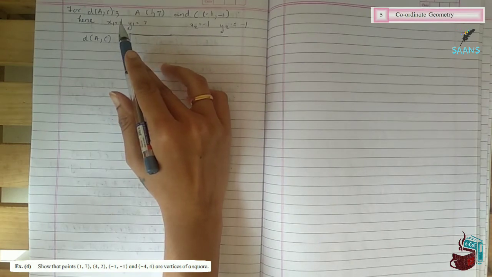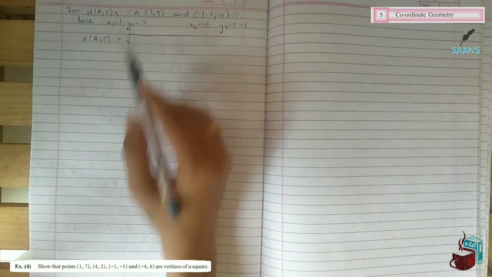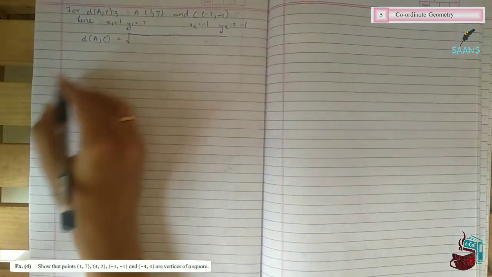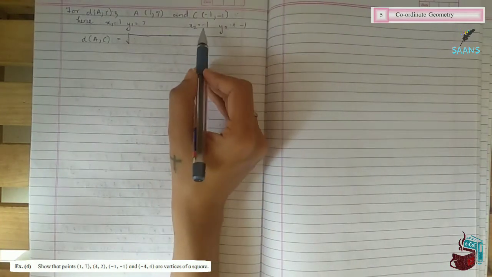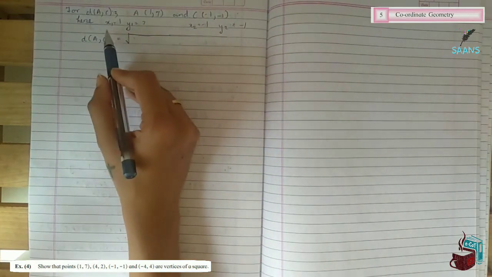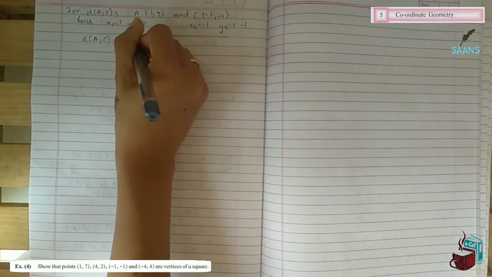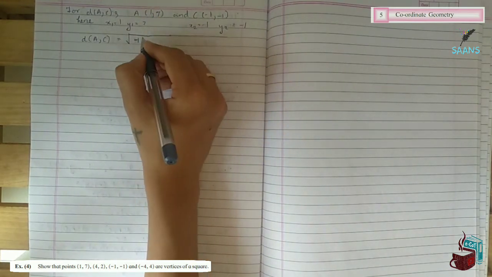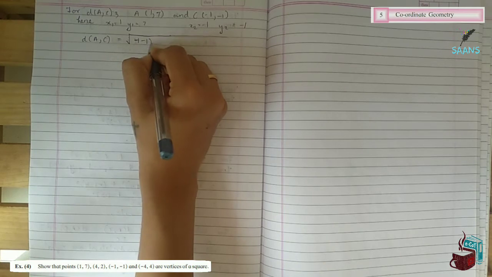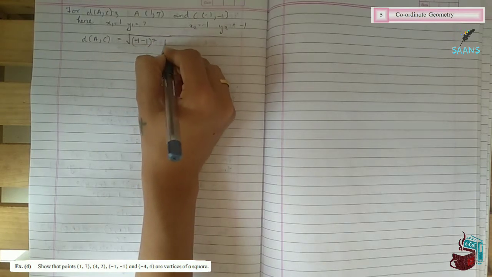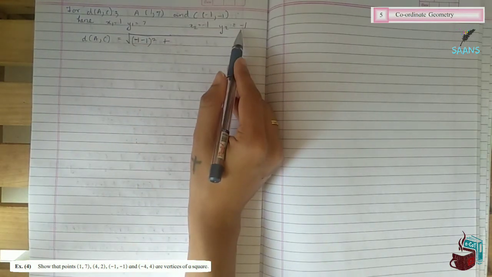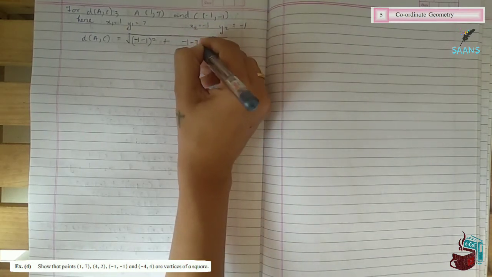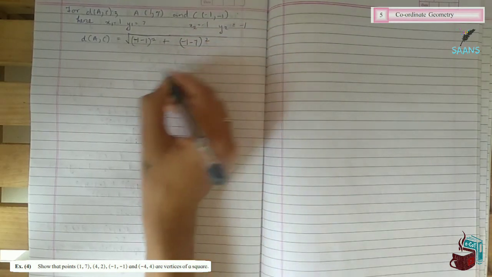Let me see, A is correct, 1 and minus 1 and minus 1. So x2 minus x1, minus 1 minus 1 the whole square, plus minus 1 minus 7 the whole square.